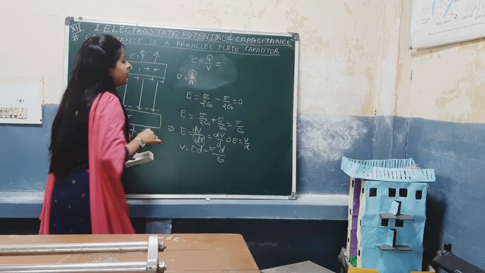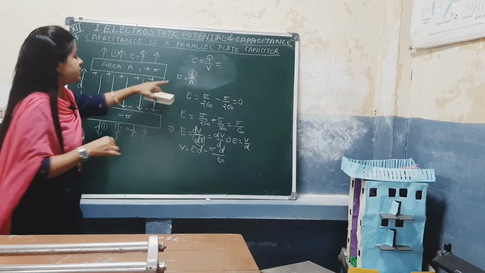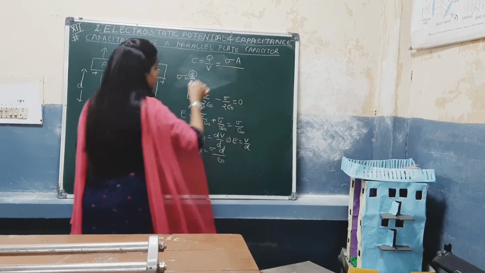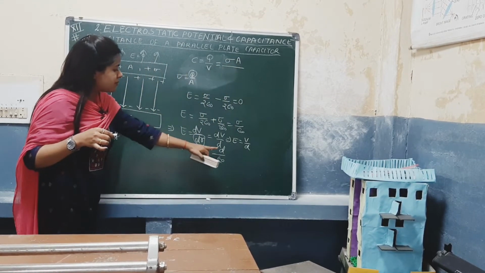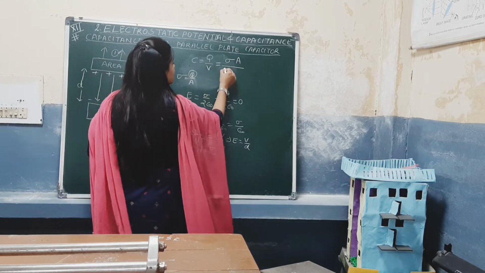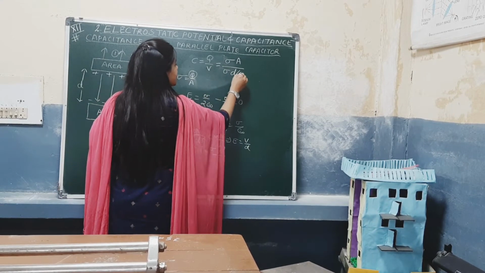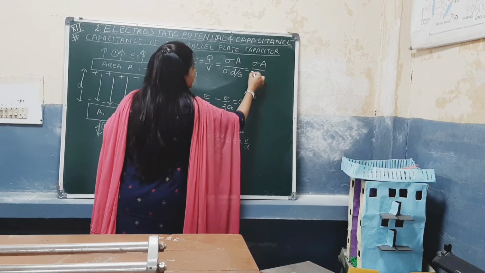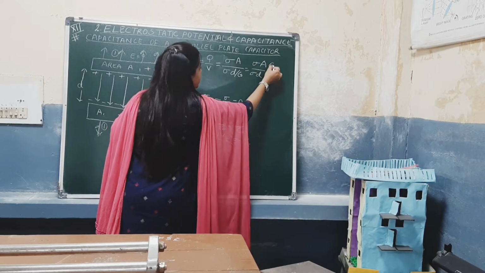So from here we can calculate the charge, and that comes out to be sigma multiplied by A. Now what is V? V also we have calculated, sigma d upon epsilon naught. Calculating it, we get sigma A upon sigma d divided by epsilon naught.